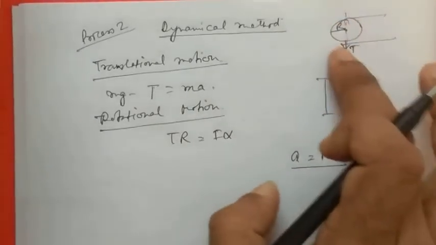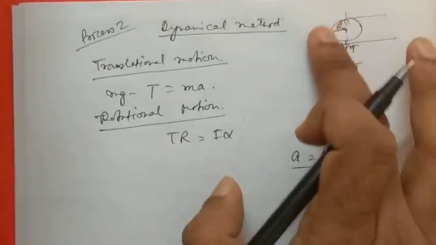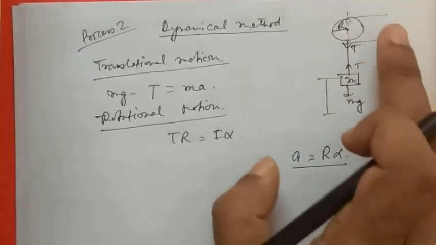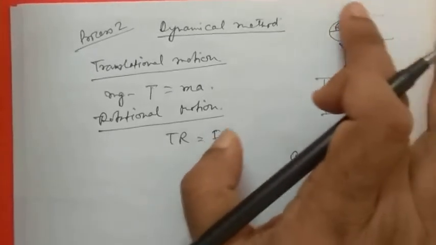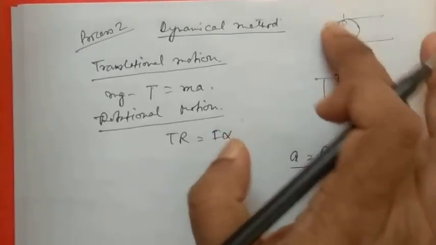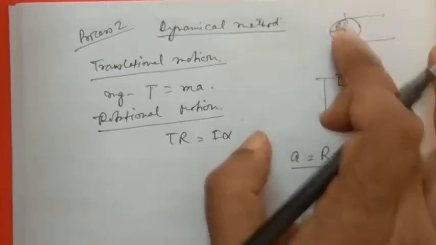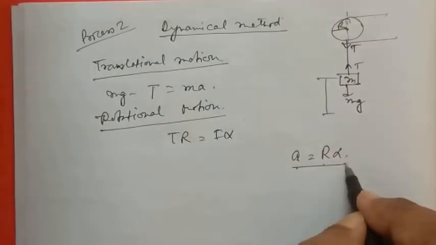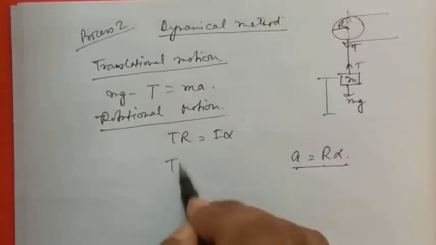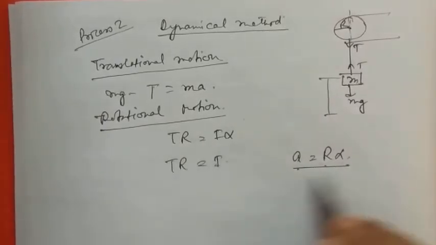The cylinder is rotating and the rope is coming downwards. The angular velocity of this cylinder is translated as the linear velocity of the rope downwards. So a is equal to R alpha, and we can replace alpha as a by R.